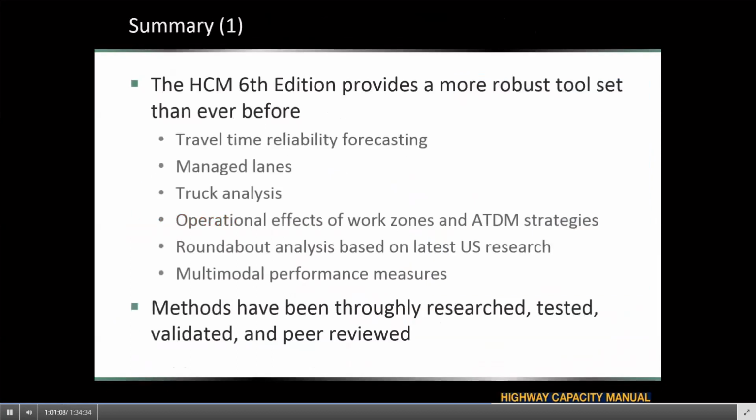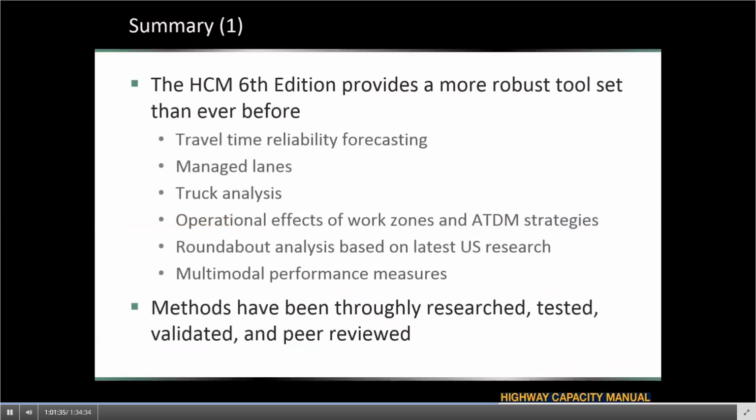Really, in terms of summary, there are a few key points that the research team, the Highway Capacity Committee, and the Transportation Research Board are emphasizing as we're looking at the new HCM. One, the HCM 6th Edition is a more robust tool set than ever before. The research over the past 6, 7, 8 years has really targeted some of the traditional weak points of the HCM.